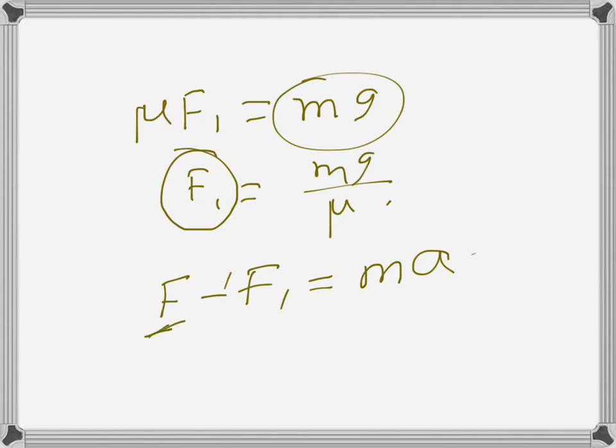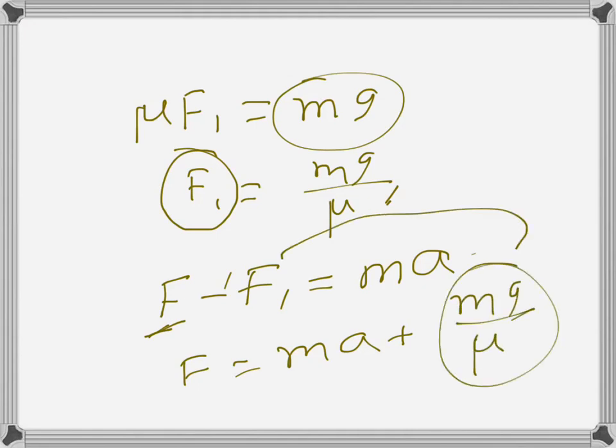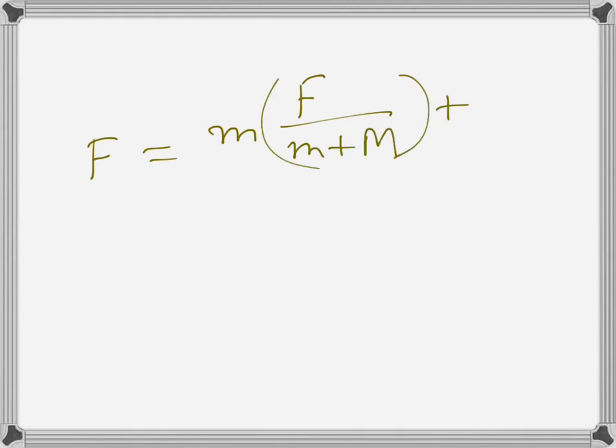So F1, we know this one, is equal to ma plus mg over mu. Instead of a, we now write F over M plus lowercase m, plus mg over mu.